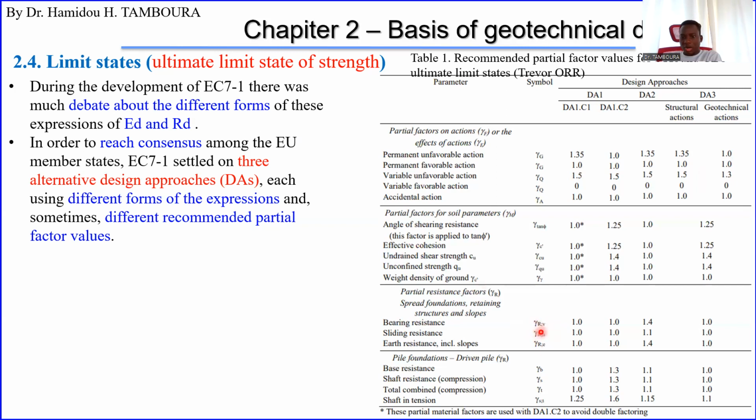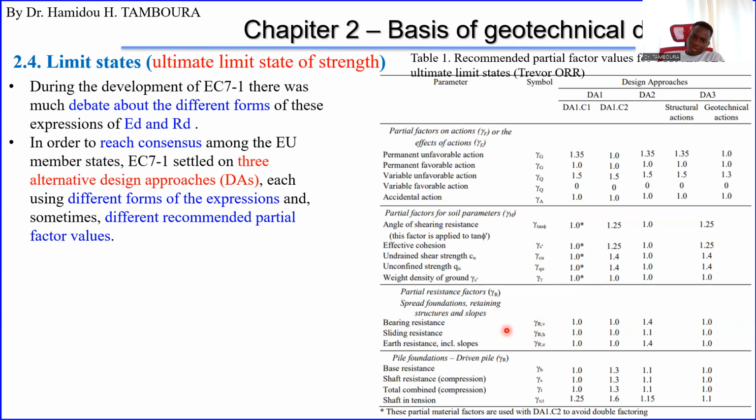Gamma RV, this is bearing resistance. Gamma RH, this is sliding resistance. Gamma RC, this is for the resistance of inclined slope. And we have the value of the partial factor in each design approach, design approach 1, design approach 2, design approach 3.